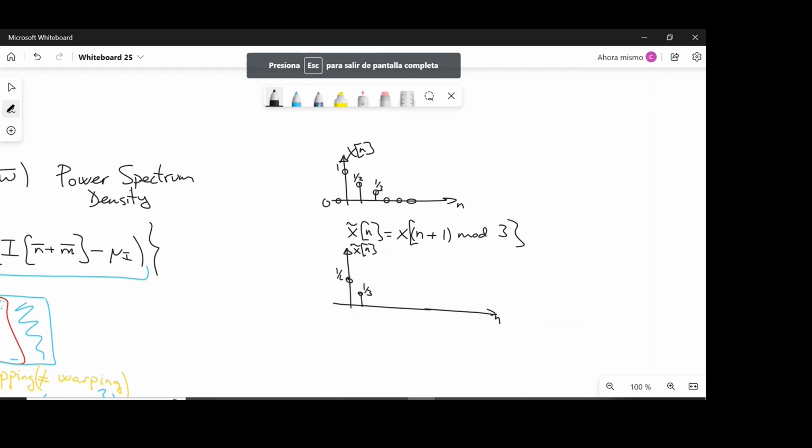And then x tilde of 2 is x of 3, but 3 modulo 3. So it is the remainder of 3 divided by 3. That is 0. So that goes back to 1. And if you keep on doing, you will see that this is repeated all the time.